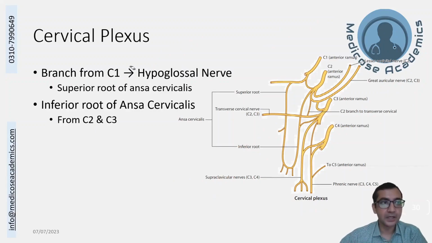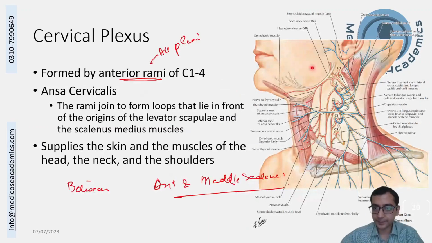Let's see the branches of the cervical plexus. First let me show you through the back picture again. If you notice, this is the hypoglossal nerve, going through the head and neck to the tongue. As the C1 fibers branch from the plexus, they exit, and you may not see the C1 branches going elsewhere.